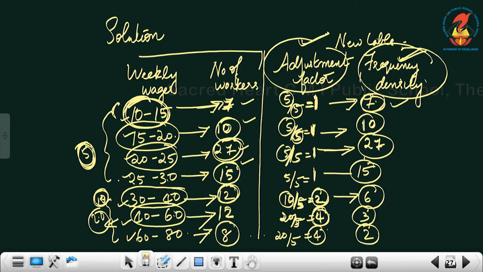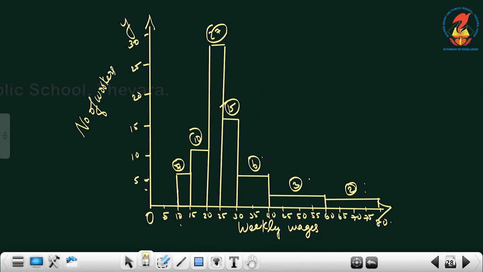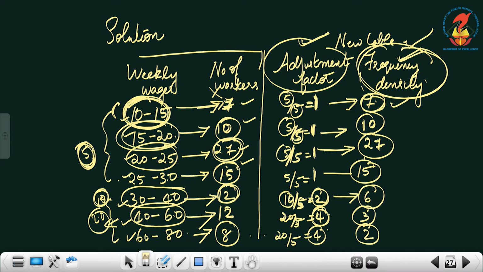Okay, so we are going to mark the class interval 10 to 15 not with the frequency but with the frequency density we have made with the adjustment factor. So 10 to 15 it is 7, that is why I have marked it as 7. Then obviously 15 to 20 is the next class, you will be marking the value 10.